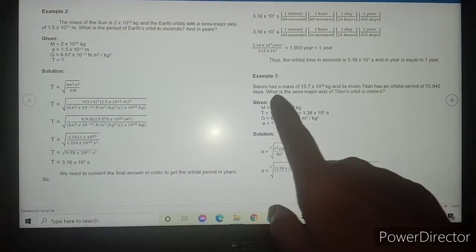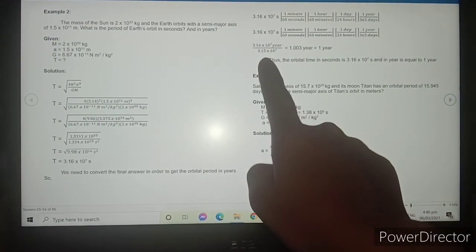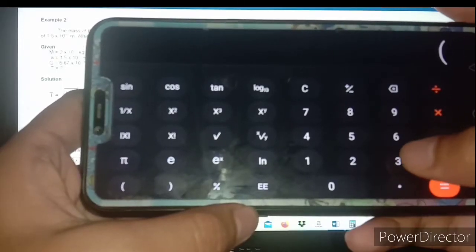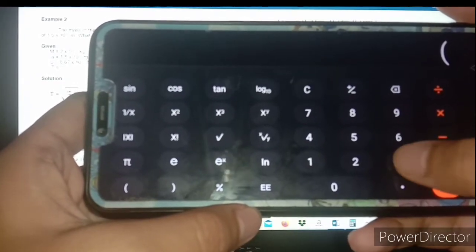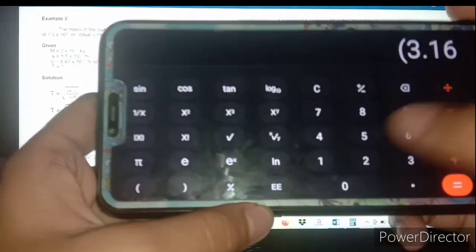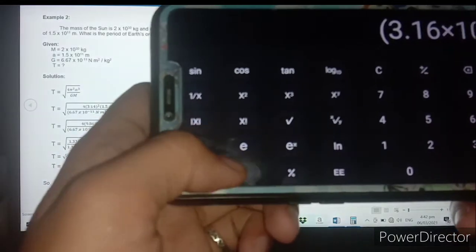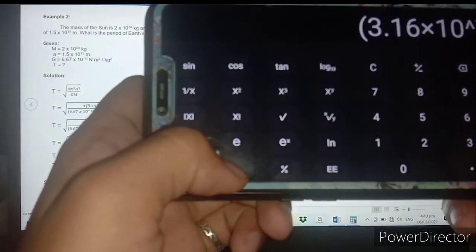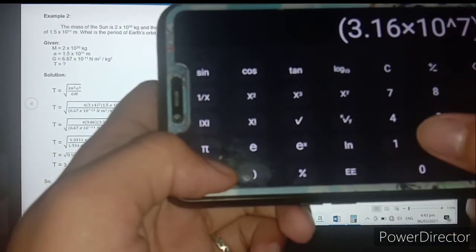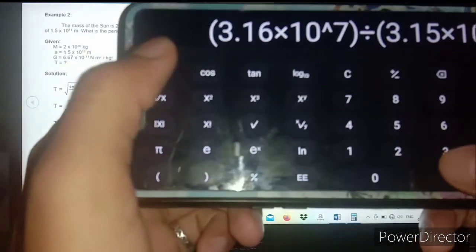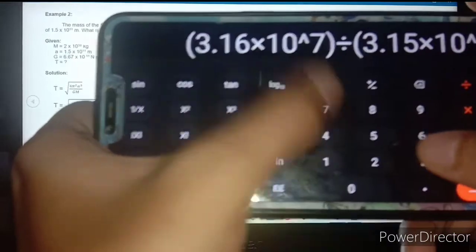Kaya yun po yung nakalagay diyan na sagot. And then, get the quotient. So, we have the value on the numerator, which is 3.16 times 10 raised to 7 divided by 3.15 times 10 raised to 7.